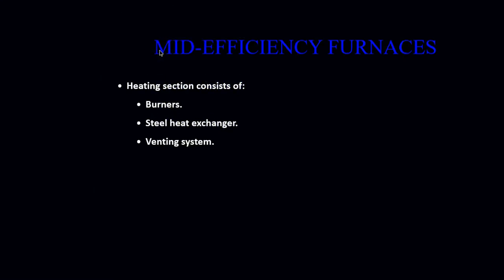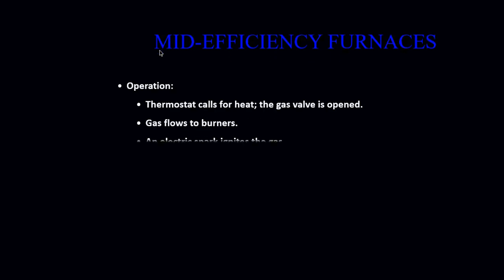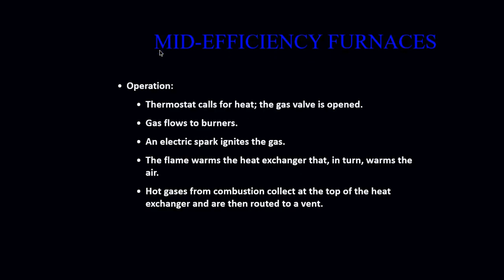Your heating sections are going to consist of your burners, your steel heat exchanger, and your venting system. That is what makes the furnace produce the heat and deliver it to the space without sending unnecessary harmful gases into the space.